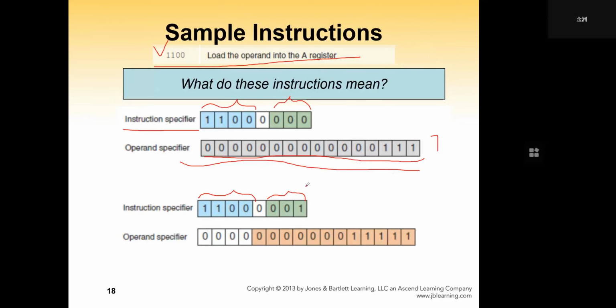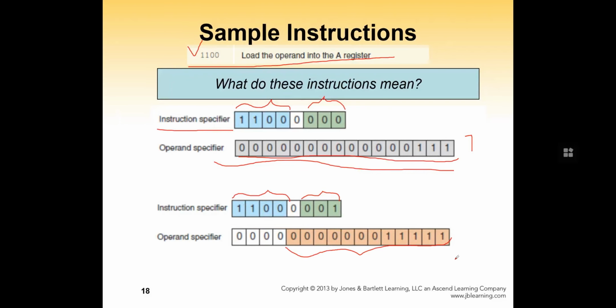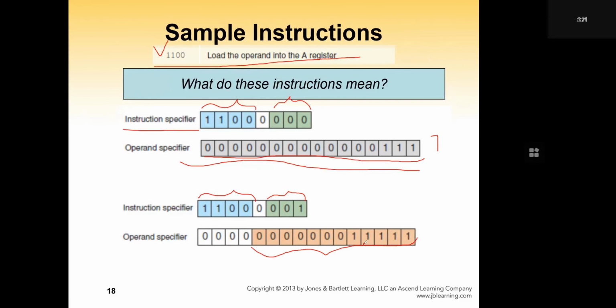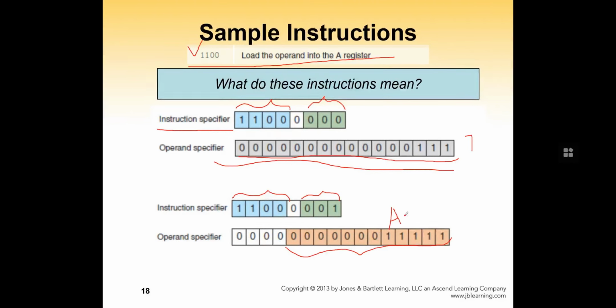So it goes to this address to find the operand, and then puts that operand into the A register. So this is just the address.